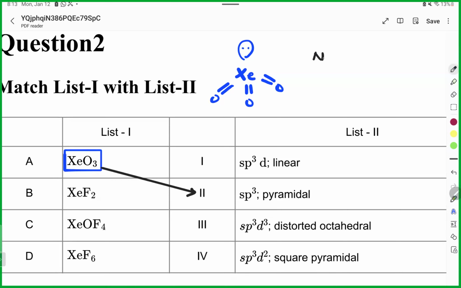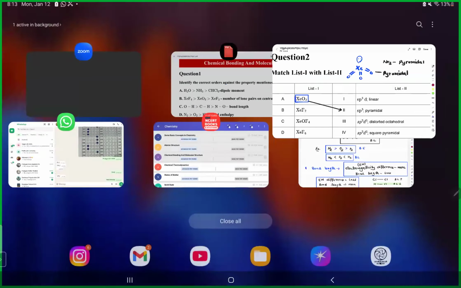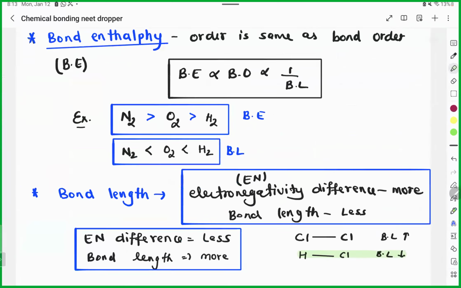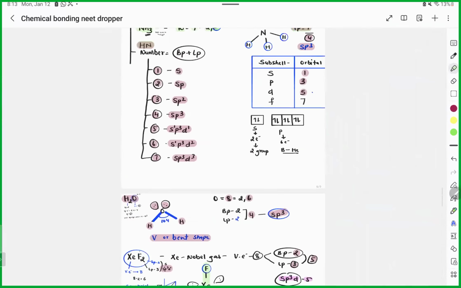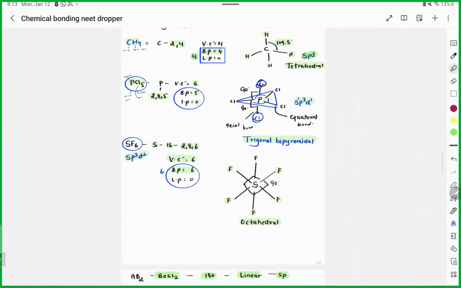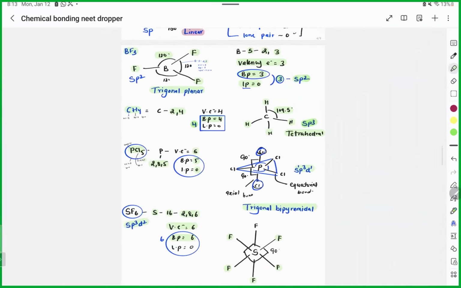Even ammonia is pyramidal shape, and it looks exactly like ammonia. So this is also pyramidal. Everything looks like ammonia in this case. Did we do this part? XeO3. It should be here. No, XeO3 is not given, so we'll do it here.